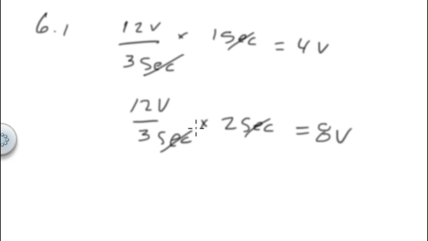In 6.2, we have the same type of problem, but in this one we are looking at milliseconds. So we have 6 volts in 2 milliseconds.